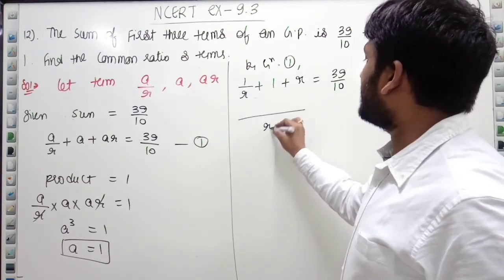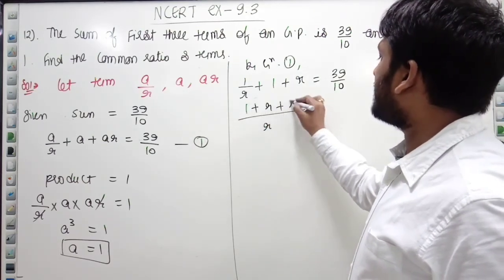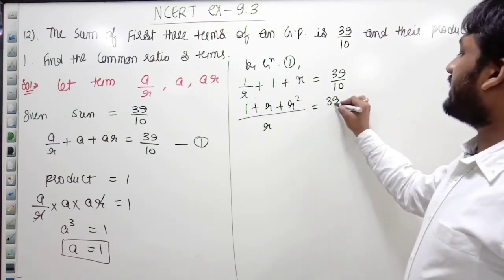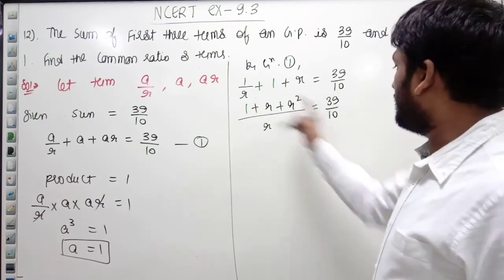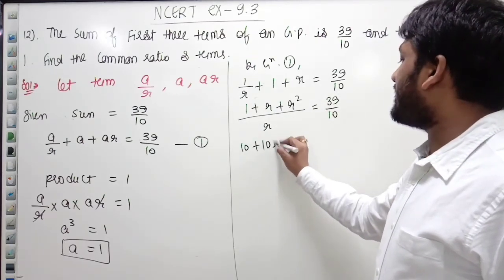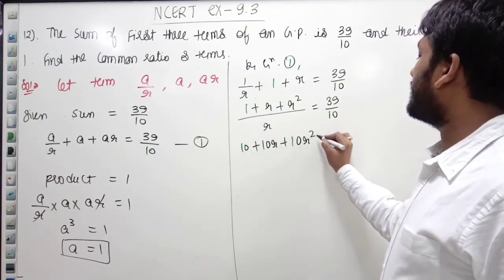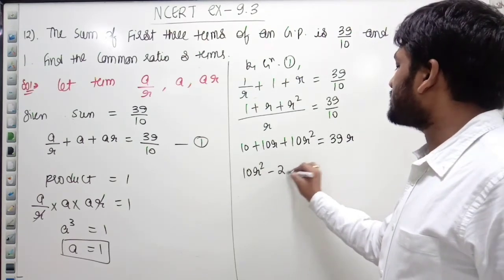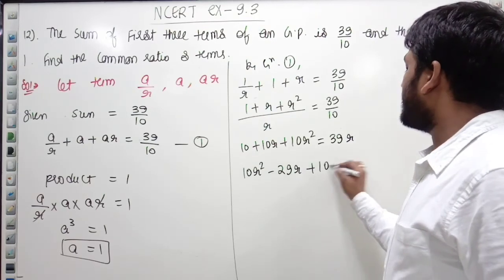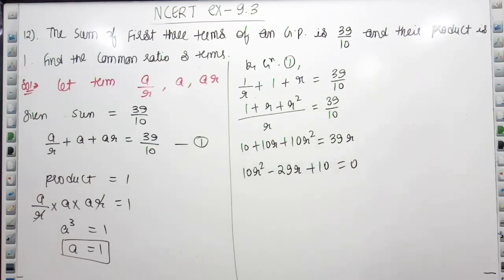So I will take LCM, 1 plus r square equal to 39 by 10. Now cross multiplication: 10 plus 10r plus 10r square equals 39r. So 10r square minus 29r plus 10 equal to 0. Now we need to factorize the middle term.